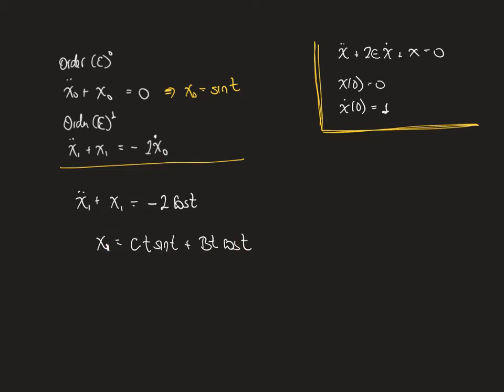So this is x1 dot equal to ct cosinus of t plus c sinus of t minus bt sinus of t plus b cosinus of t.